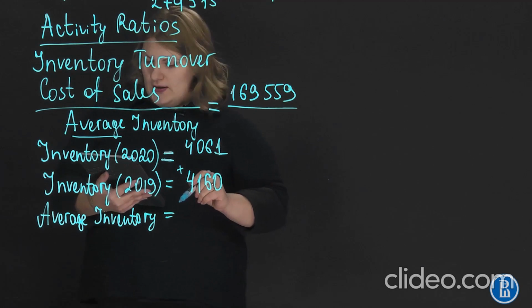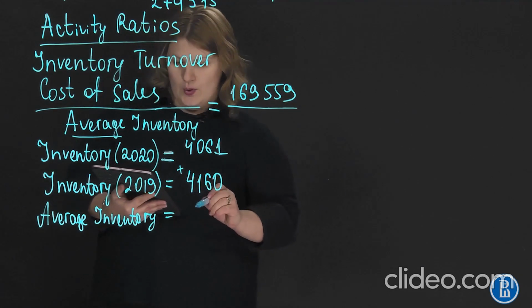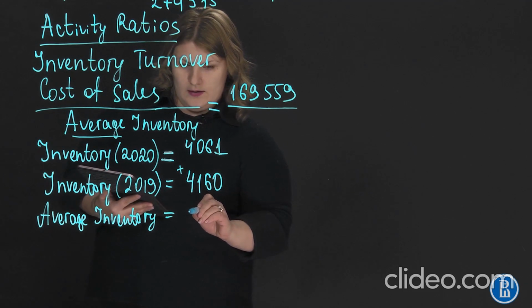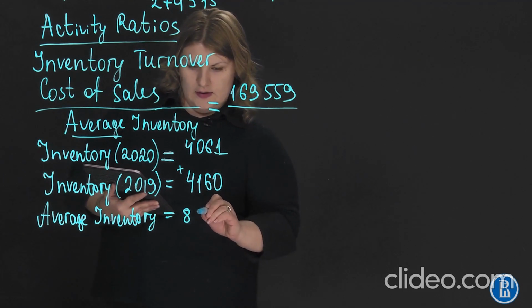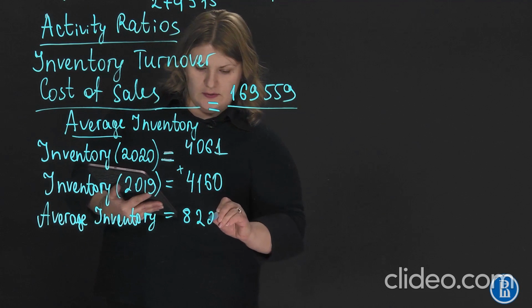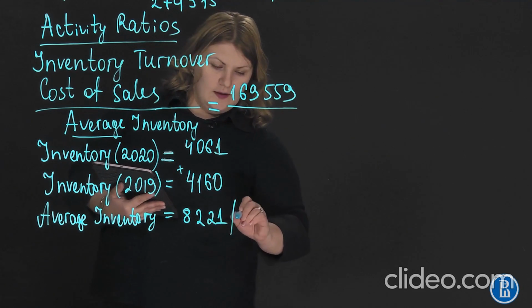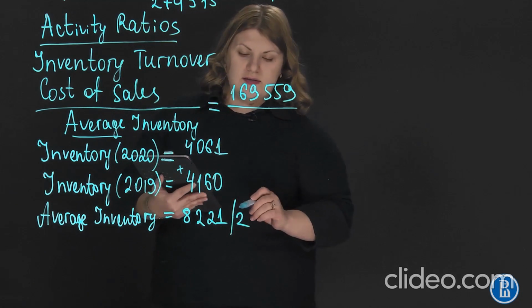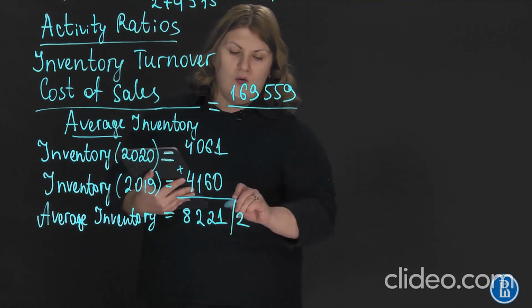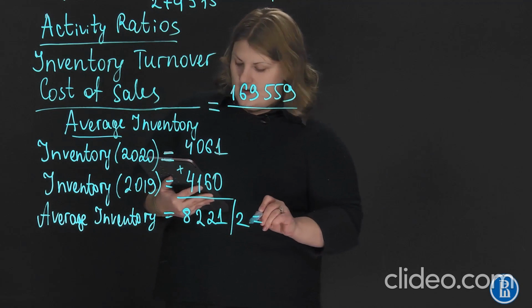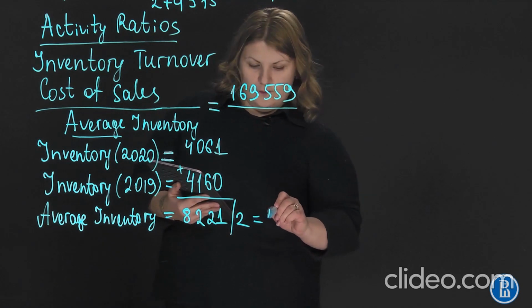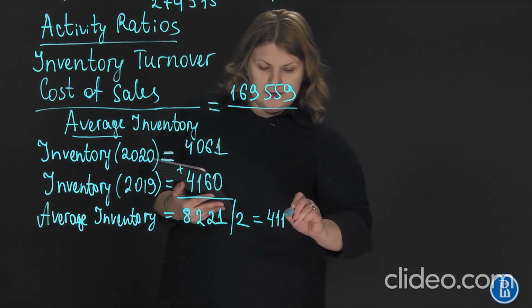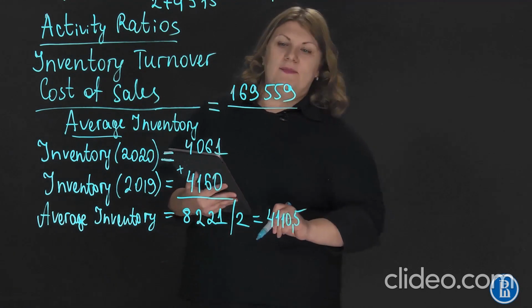In our case, we will get 8,221. As we have 2 figures for 2 years here, we should divide it over 2, and that's how we will receive 4,110.5.